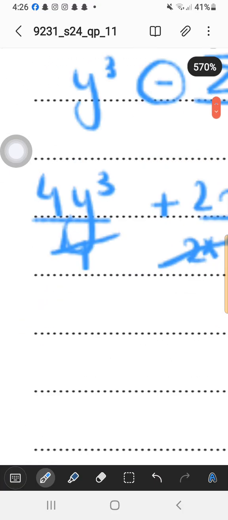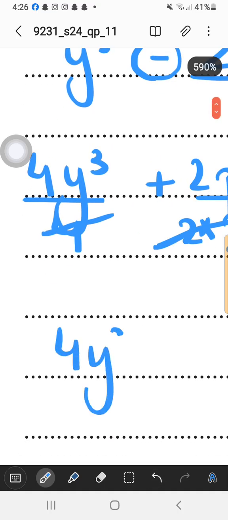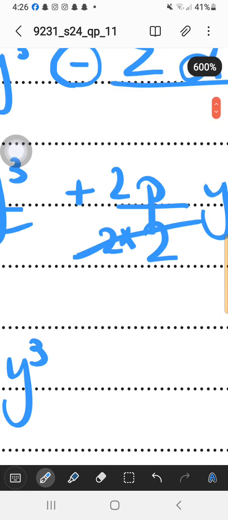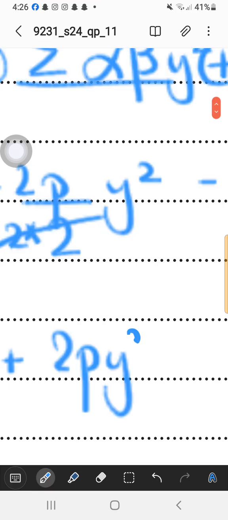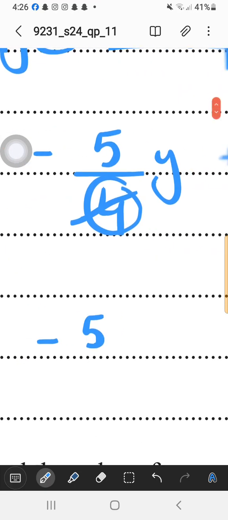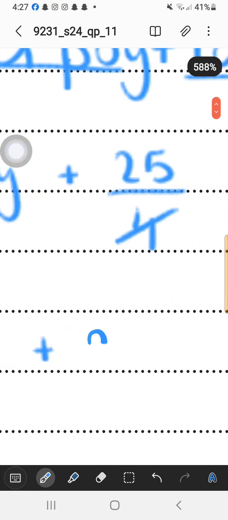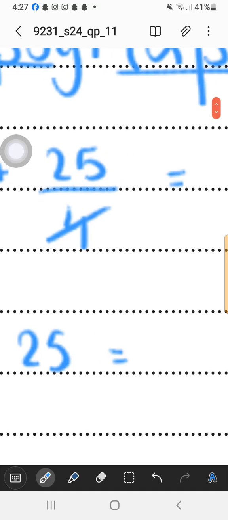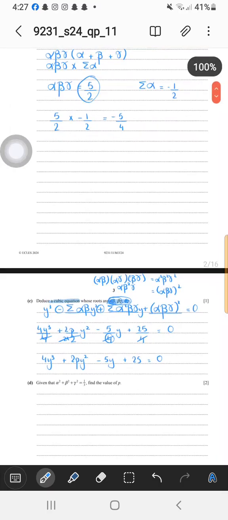So it becomes 4y cube plus 2py square minus 5y plus 25 is equal to 0. So this is the solution of this, and this is our final equation.